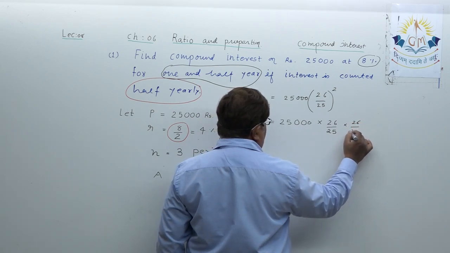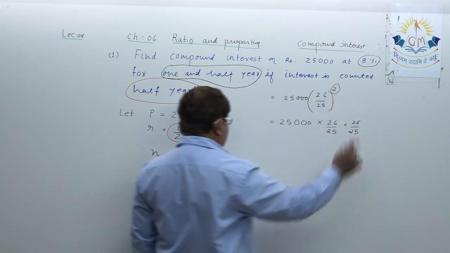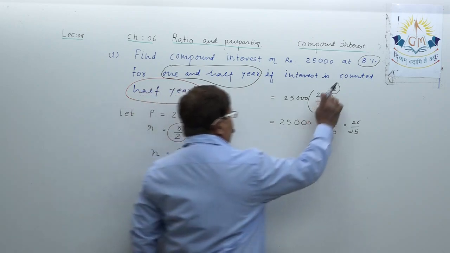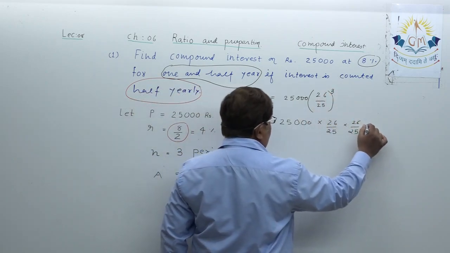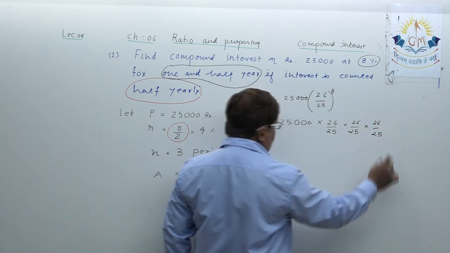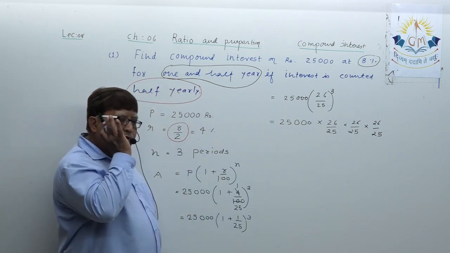Just a minute, sorry dear student, 3. So you will repeat it 3 times, 26 upon 25 into 26 upon 25 into 26 upon 25. Is it clear?